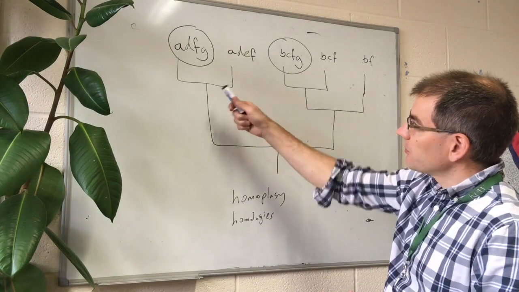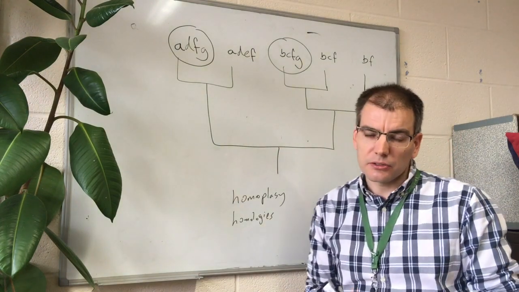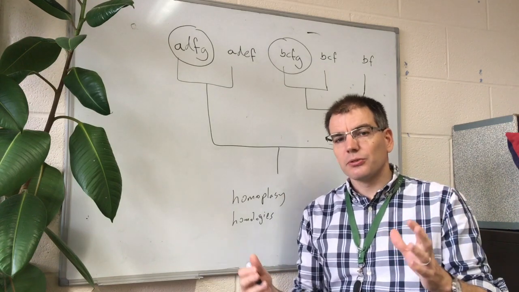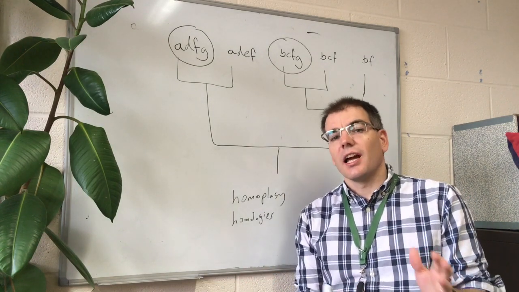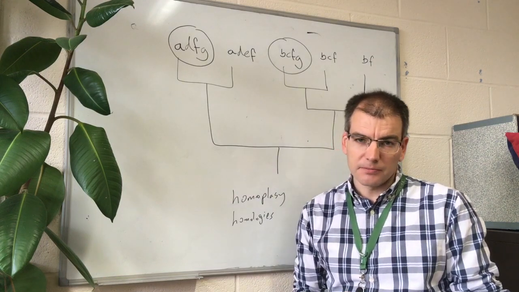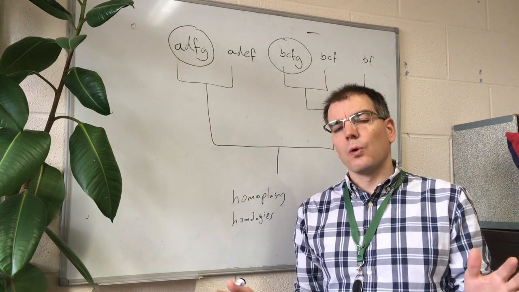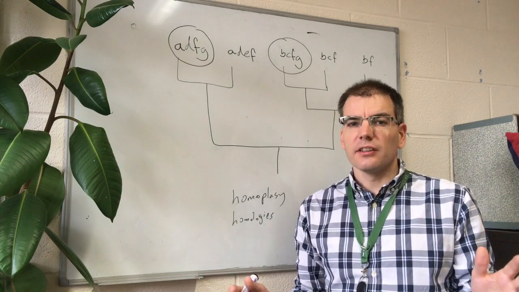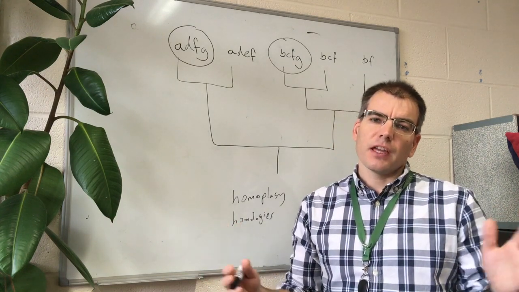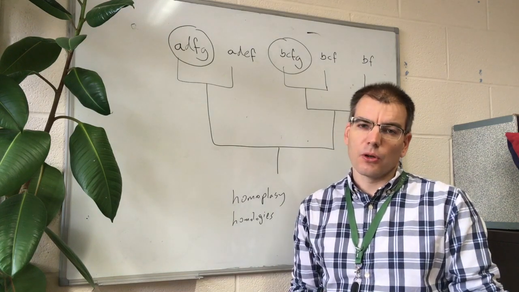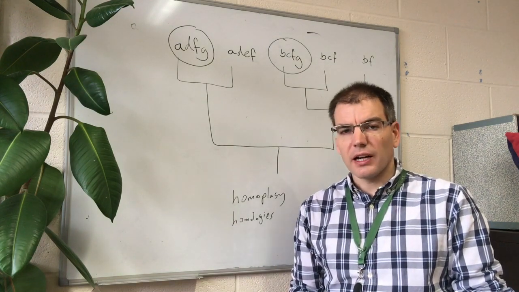And this makes phylogenies very difficult to build. This means that it's very hard to work out what is a homology and what is a homoplasy. And so for any set of organisms, there are very often more than one tree that can fit the pattern of variation. It just depends what you think of as a homology and what you think of as a homoplasy.